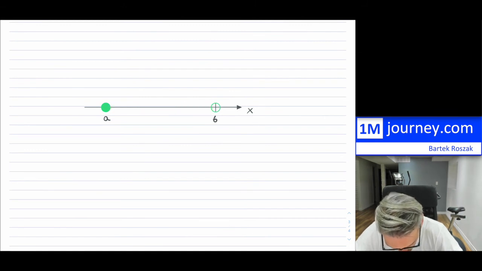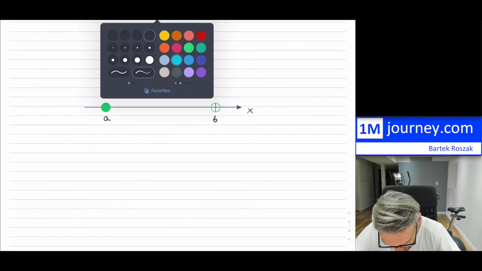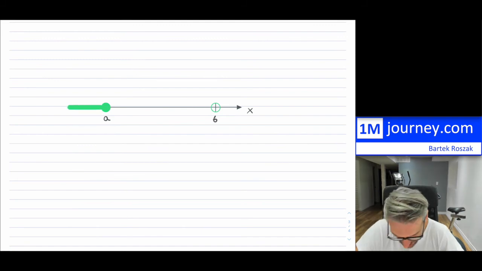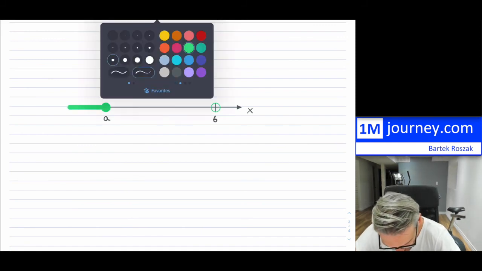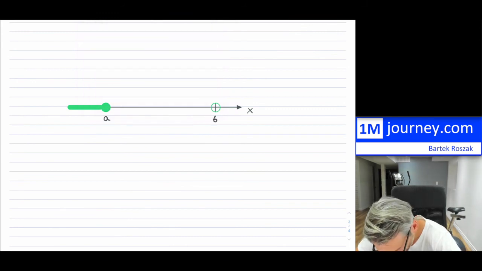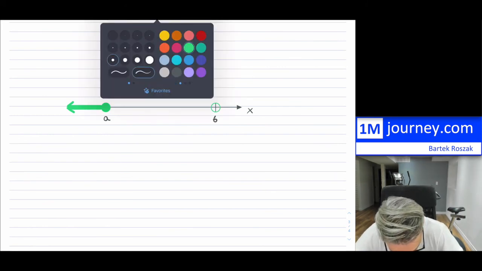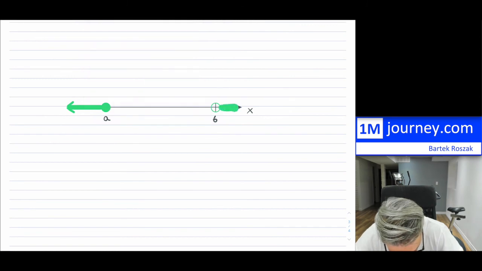Let me remove this from here, and instead, this is going to include all the numbers going to the negative side, so it keeps going in this direction. And then maybe it also includes all of these numbers, going in this direction as well. So it includes all of those.